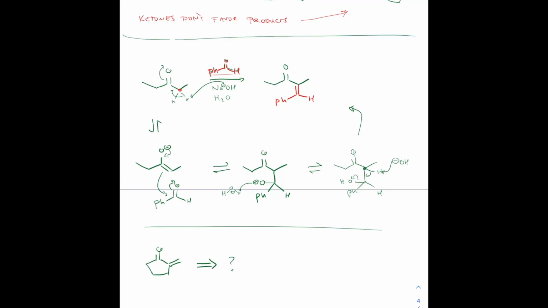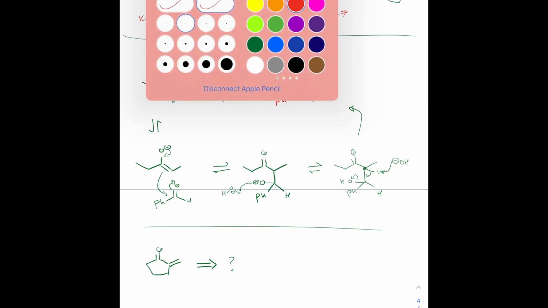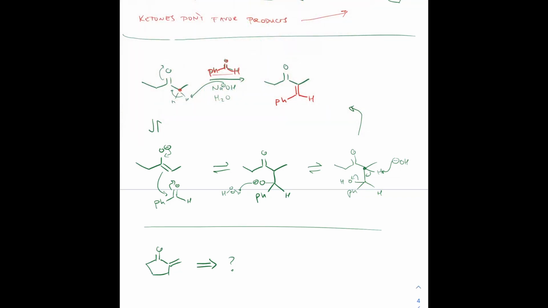All right, so let's take a look at this particular alpha beta unsaturated ketone and work our way back. I've got a retrosynthetic arrow there, and we want to know what starting materials we had to form that product. And so we know that the alpha carbon forms a carbon-carbon double bond where an original carbonyl was.